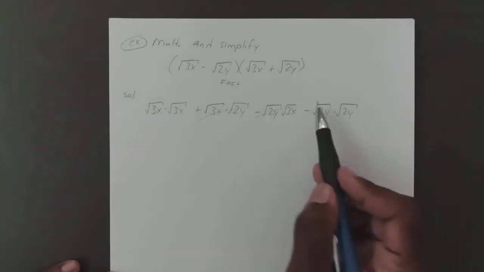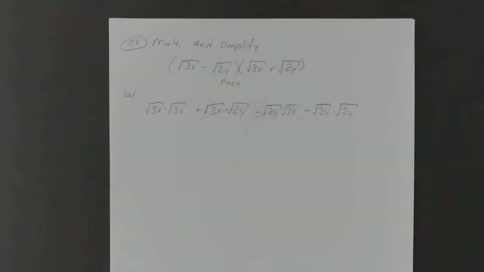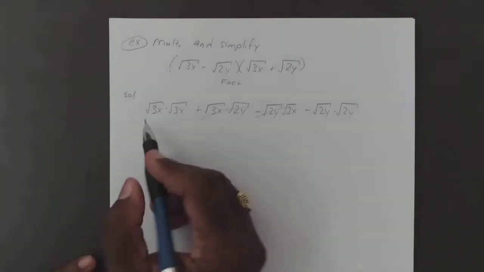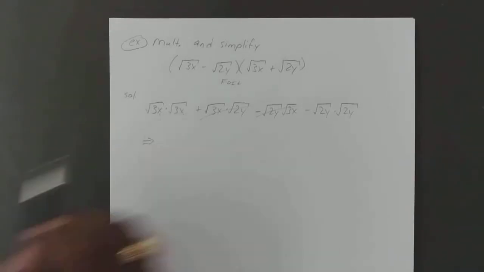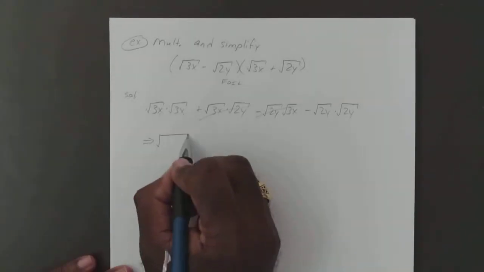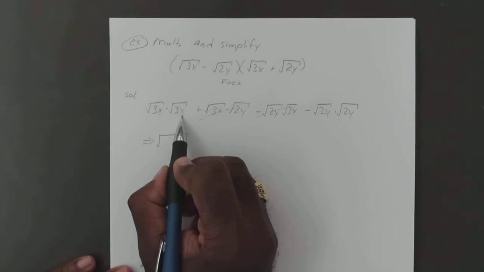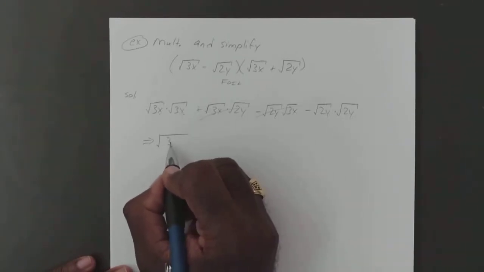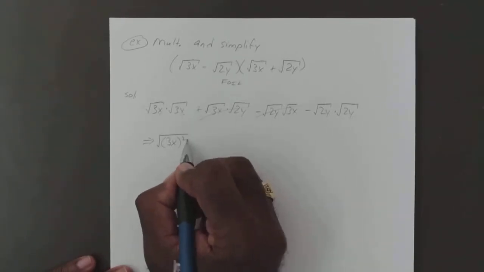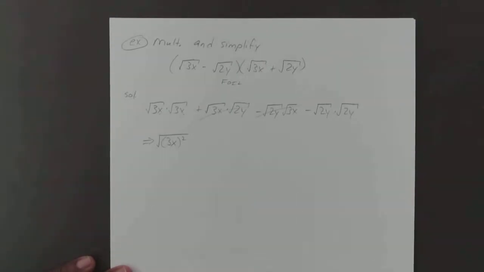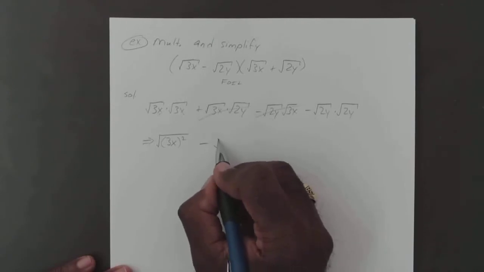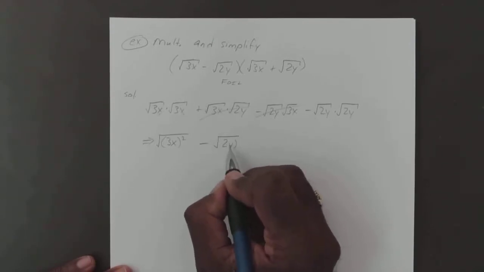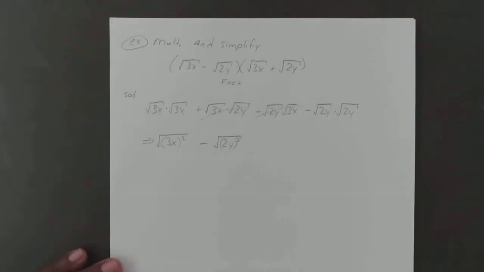The middle two cancel each other out. They're just opposites. Once you combine the others, square root of 3x times 3x, which is square root of 3x squared, minus 2y times 2y will give you the square root of 2y squared.